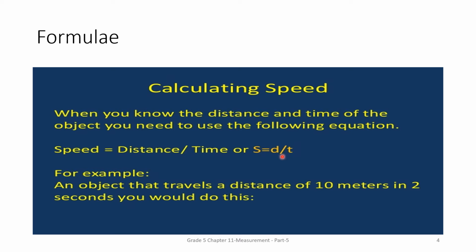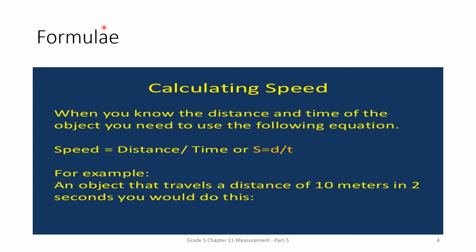Now scholars, we will see one example related to speed. See, for example, an object travels a distance of 10 meters. So here distance is given, that is 10 meters, in 2 seconds, and the time is also given, that is 2 seconds. Now you have to calculate speed. How to do that?